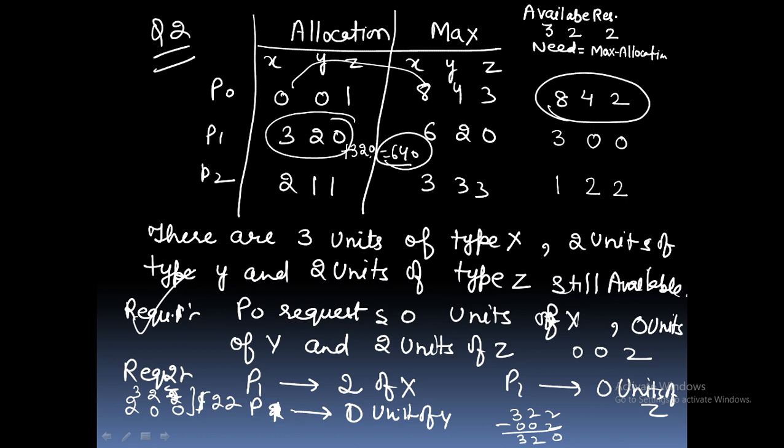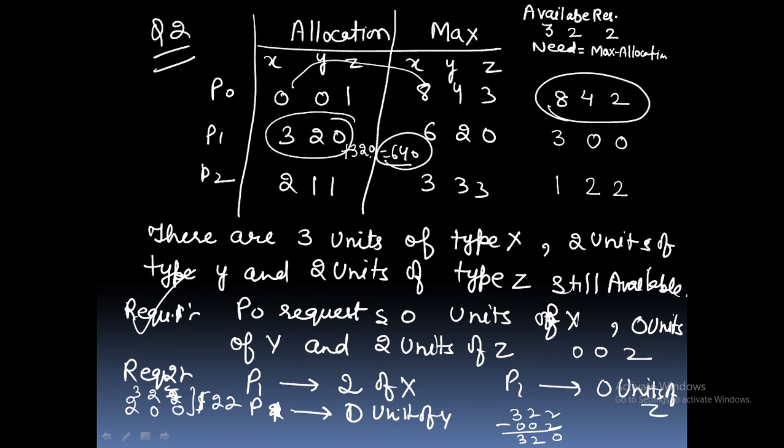With the instances available currently, only the requirement of process P1 can be satisfied. So process P1 is allocated the requested resources.